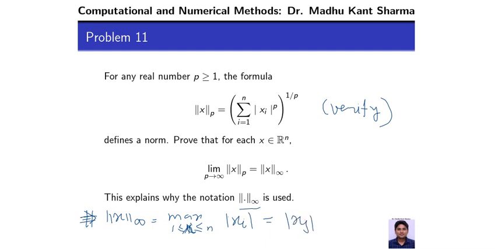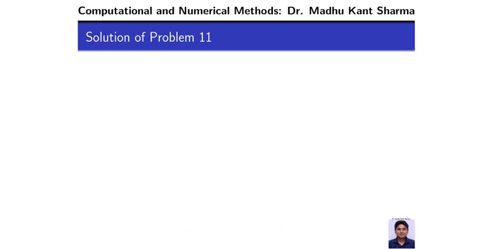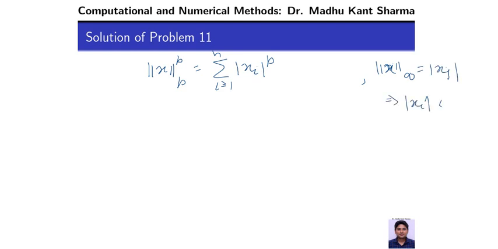This implies |xi| is less than or equal to |xj| for all i. So if you perform the sum, for p greater than or equal to 1, |xi|^p is less than or equal to |xj|^p.